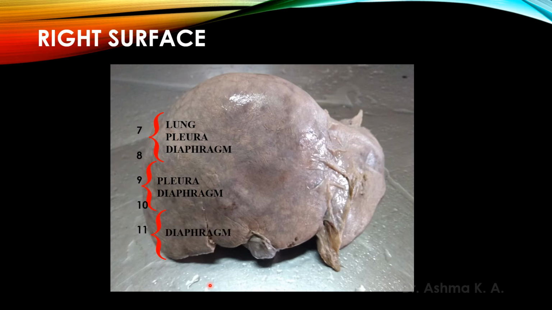The lower 1/3 is related only to the diaphragm, as the inferior border of pleura ends at the level of 10th rib in the mid-axillary line. So the upper 1/3 is related to lung, pleura and diaphragm, middle 1/3 to the pleura and diaphragm, specifically the costodiaphragmatic recess of the pleura, and the lower 1/3 is related to the diaphragm.